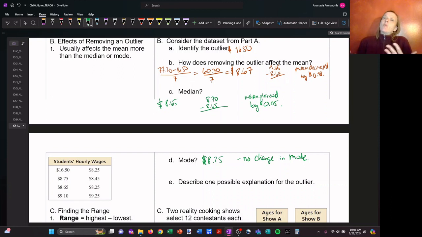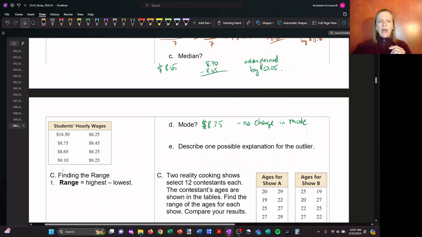Lastly, because this is a real world problem, and all of these statistics data set questions are real world problems, thinking about an explanation for that outlier. Why are most of these students getting paid around $8, $9 an hour, but one student is getting paid $16.50 an hour? Well, one possible explanation is that student is doing a bigger job.